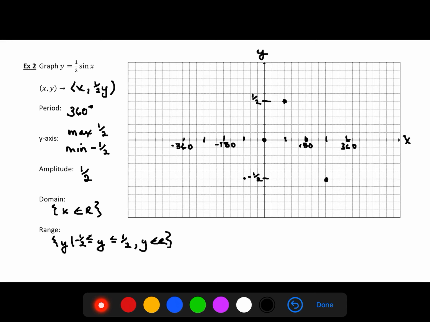We only go up to +1/2 down to -1/2 for our graph. Okay, so the only thing that has changed here is our amplitude, and we adjust that accordingly. And we now have our graph of y equals 1/2 sine x.